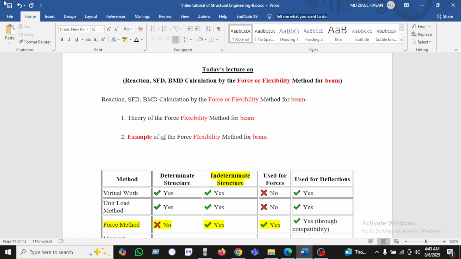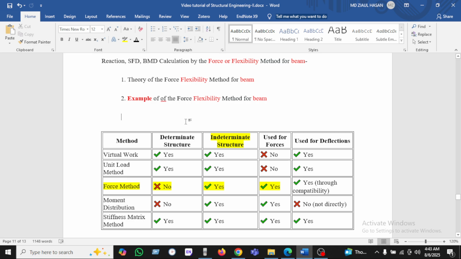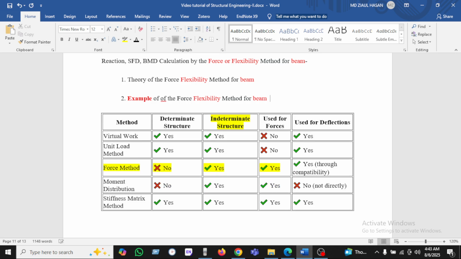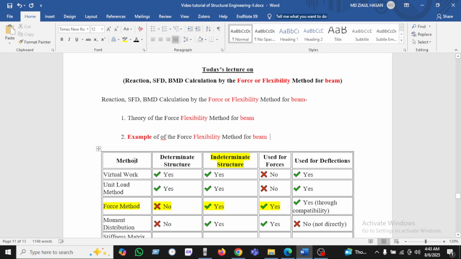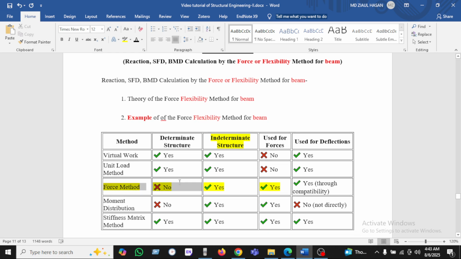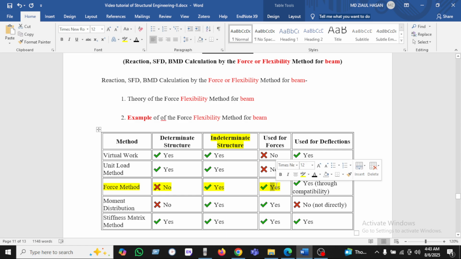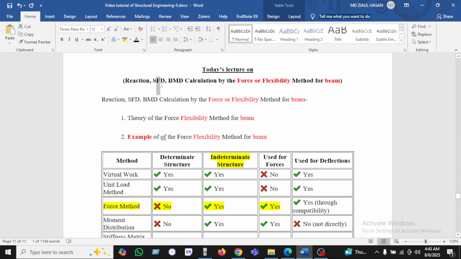Okay, so let's start. Before starting the lecture, I just want to say that the force method is used when the structure is indeterminate, and we will calculate the forces, or we can say the reaction, shear and bending moment diagram.